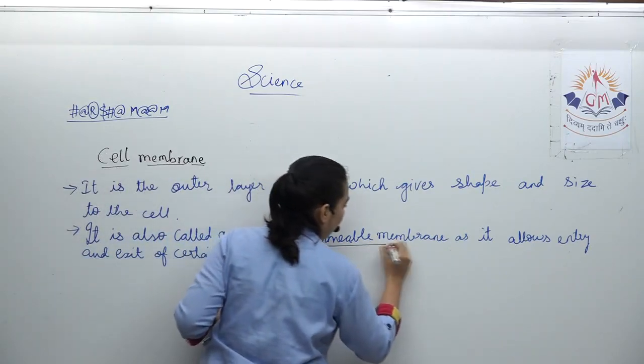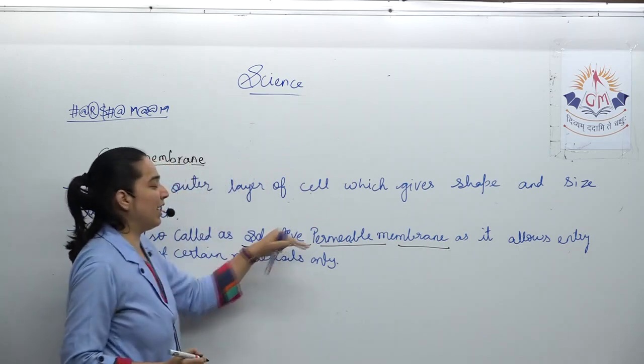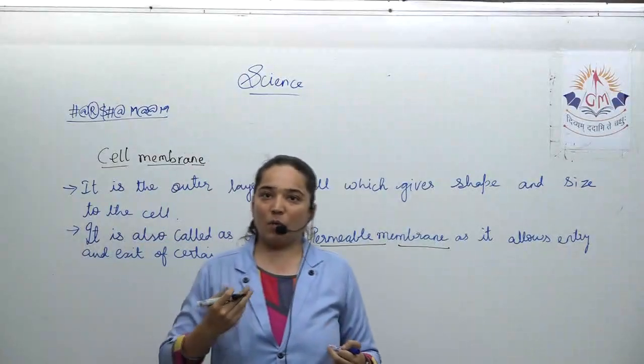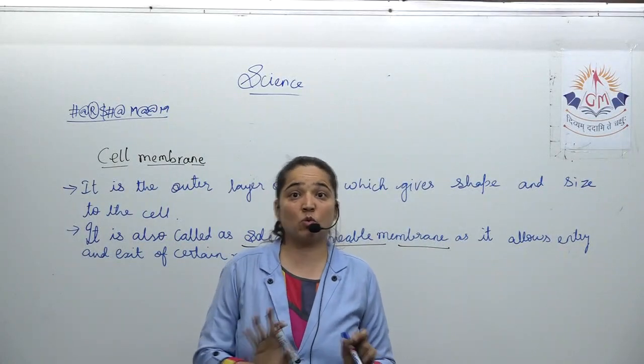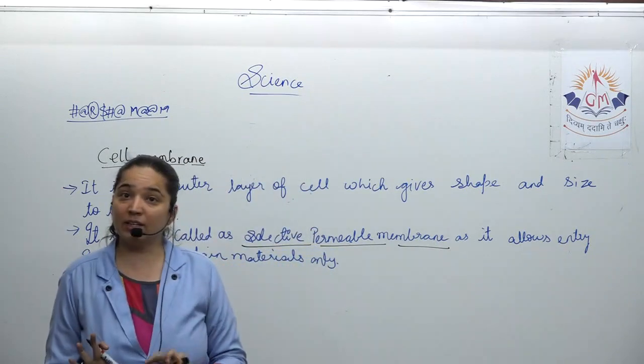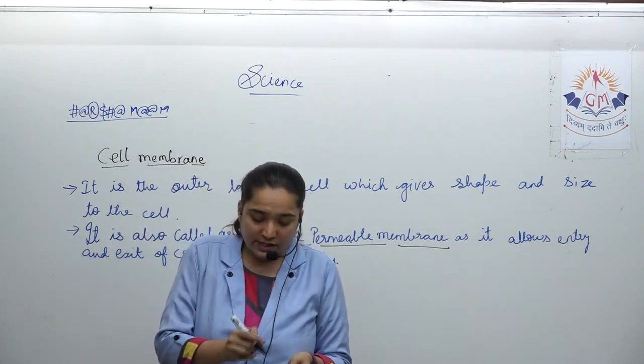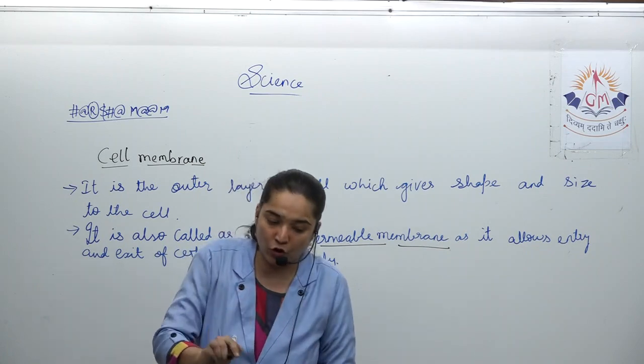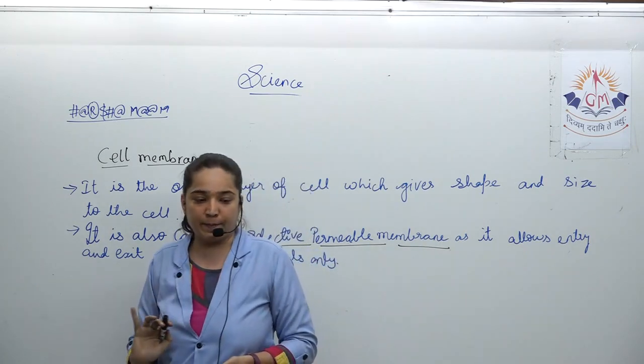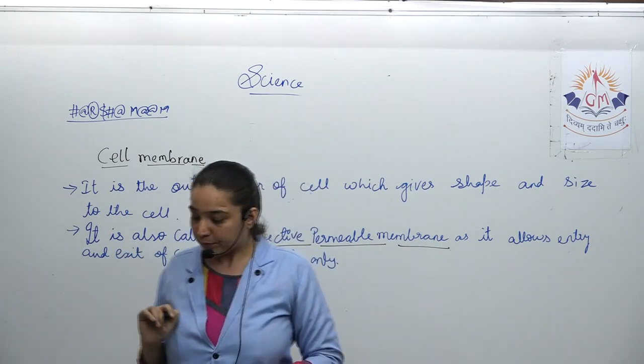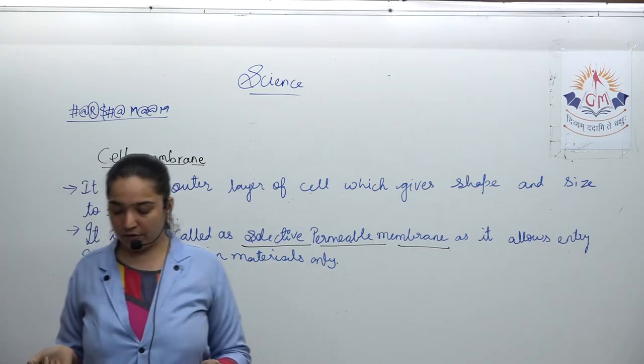So it is called as selective permeable. Permeable means allowing the entry and exit. Selective means only some things. Not all the things are welcome. So those things which cell will think is harmful to it, it will not allow them to enter only. Okay. So it is the outer boundary of the cell.